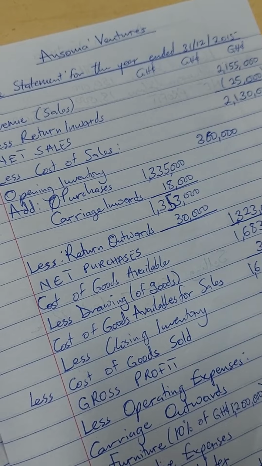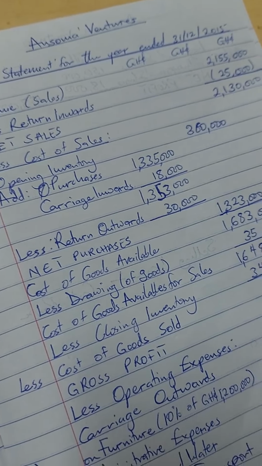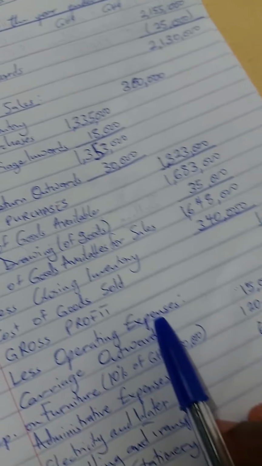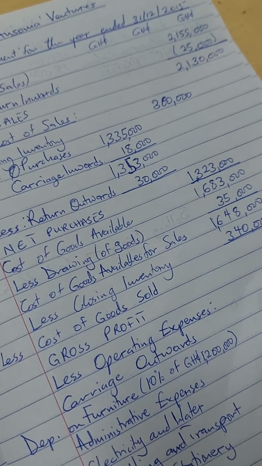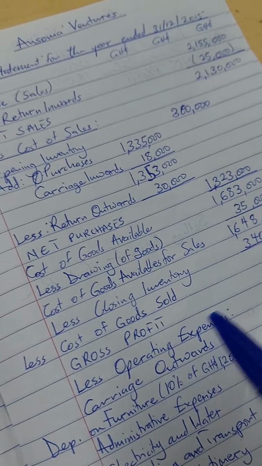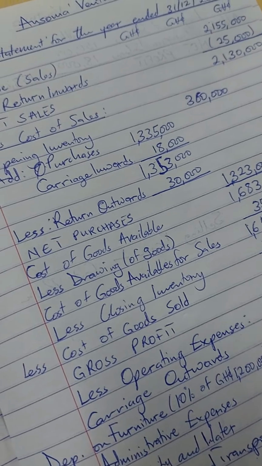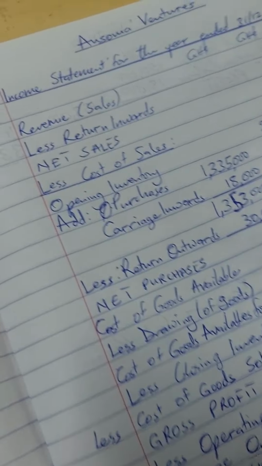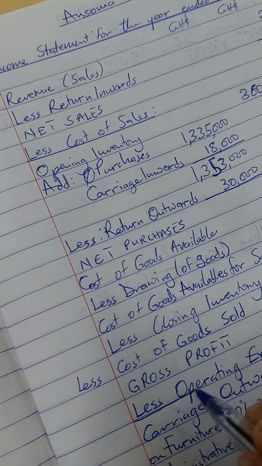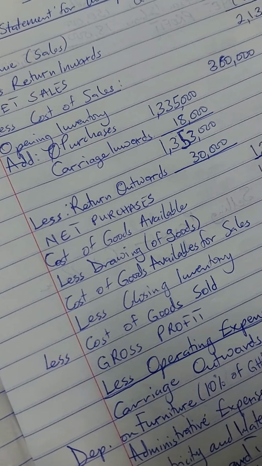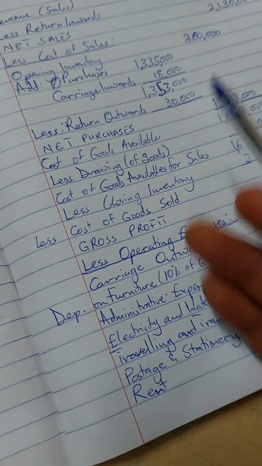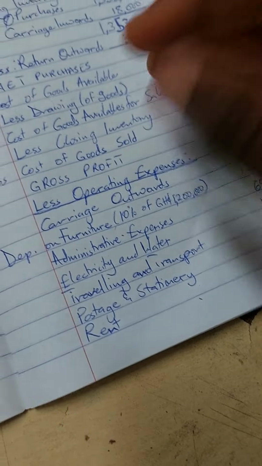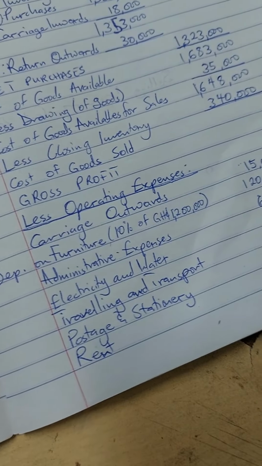After you get your gross profit, you subtract operating expenses. Your operating expenses consist of a lot of elements. That's why I brought a column under it, meaning that it's plenty.